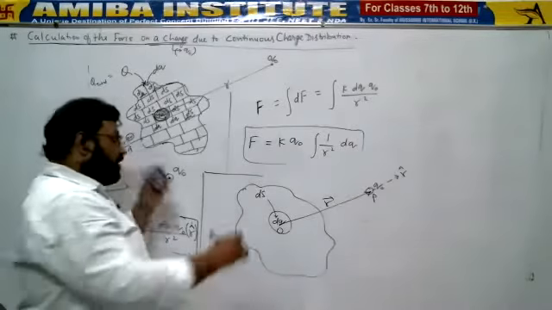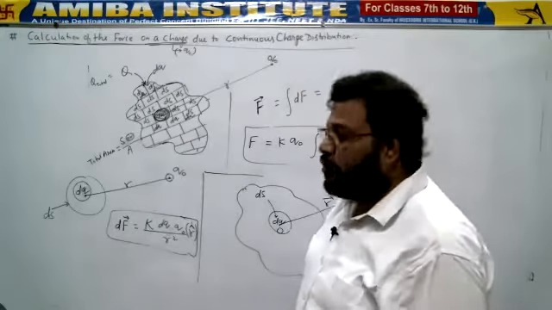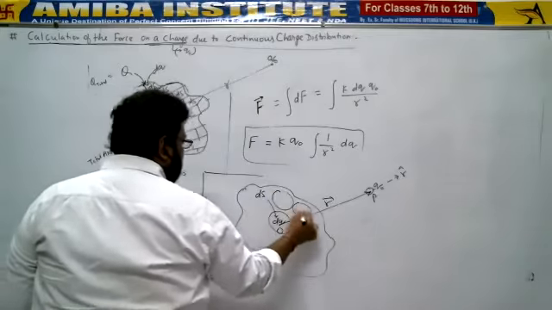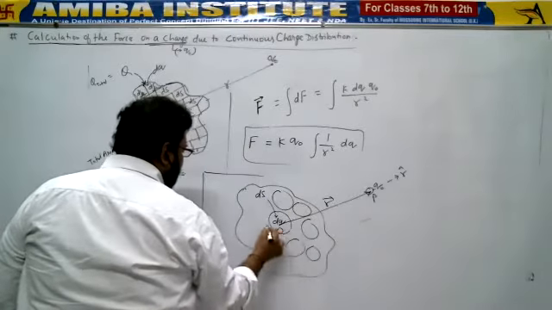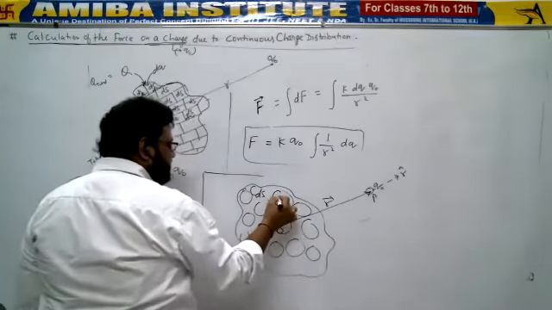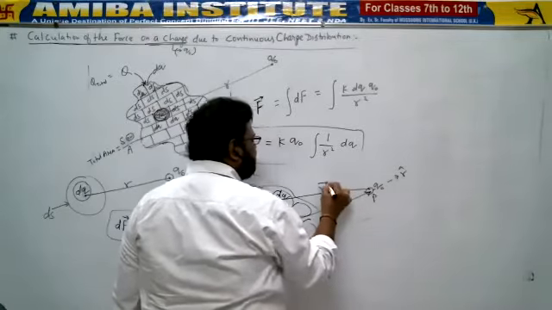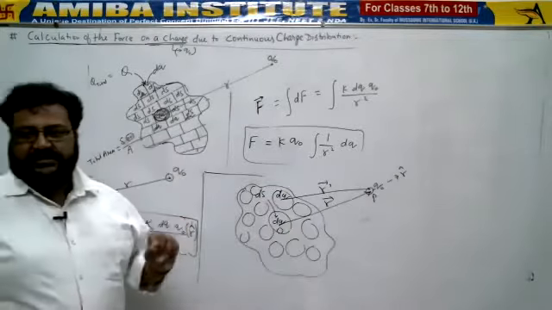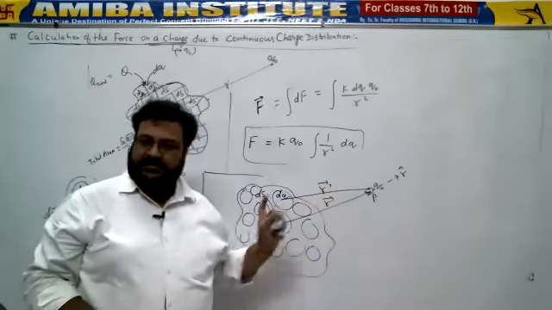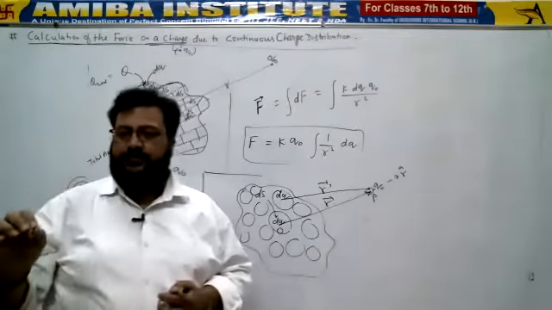So if you want to consider it in vector form, you need to put its direction r cap. Now for the total force experienced on q naught by such dq elements distributed over this whole surface, let's suppose this is again dq, but since its distance will be different, this is the r dash vector. So all the forces will be different direction-wise and magnitude-wise, but each will have its dF1, dF2, dF3.